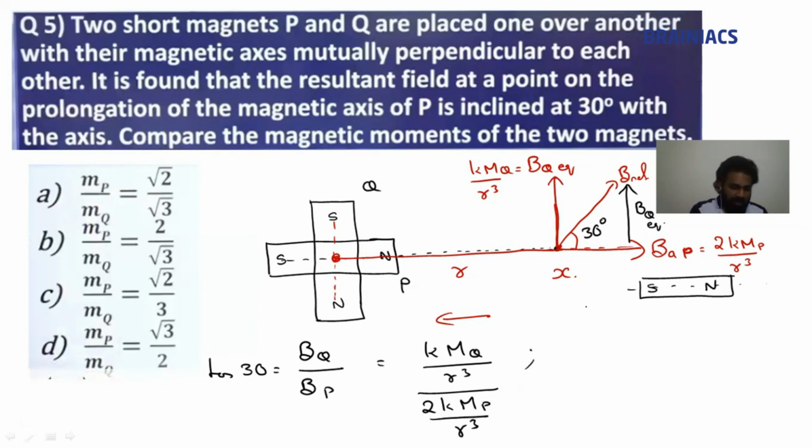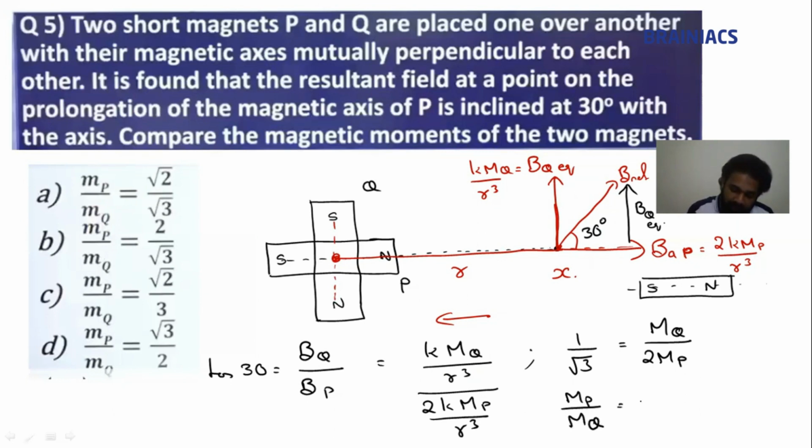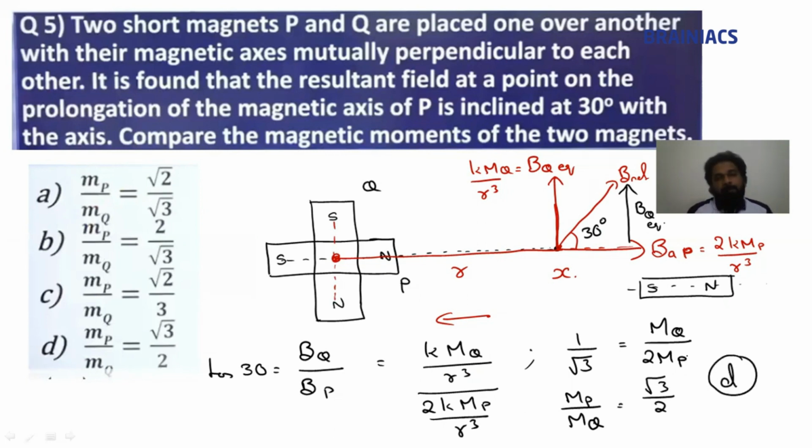So tan 30 is 1 by root 3, and this is equal to Mq divided by 2Mp. In the options you can see Mp by Mq, so Mp divided by Mq is going to be root 3 by 2. So which option is correct? Option D is the correct answer. Is that clear?